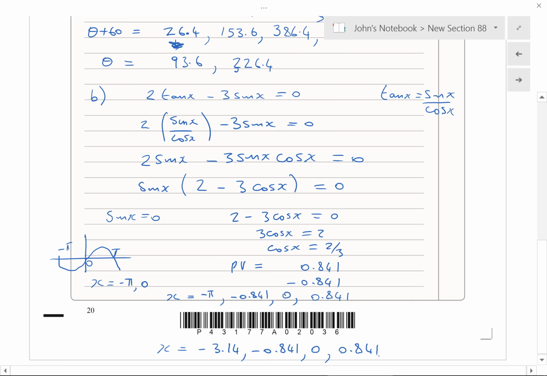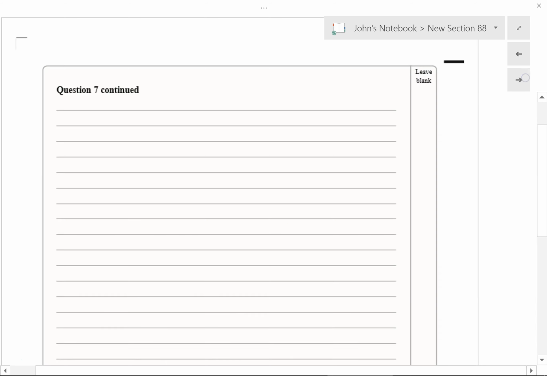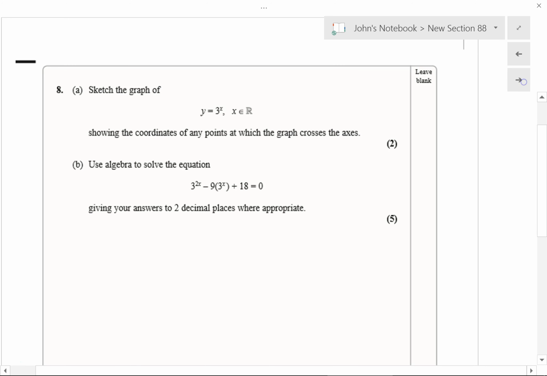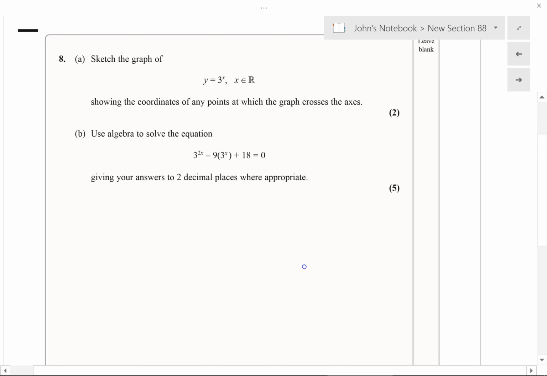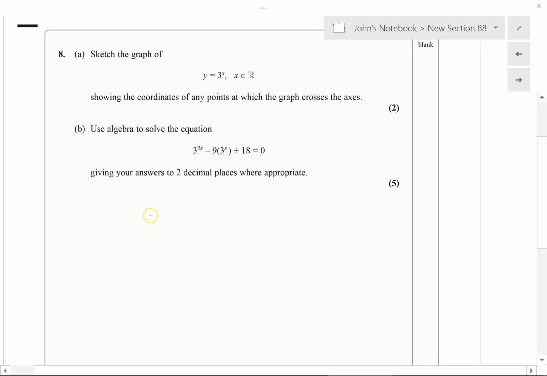Okay, so let's go to the next question. It's a blank page. We would have used some of that. That was a blank page, another blank page. Okay. Right, this is pretty standard stuff now. We need to know our graphs for these, so shame on you if you don't know your graphs. You need to learn them. It's an exponential graph, goes through 1 here, and that is it.